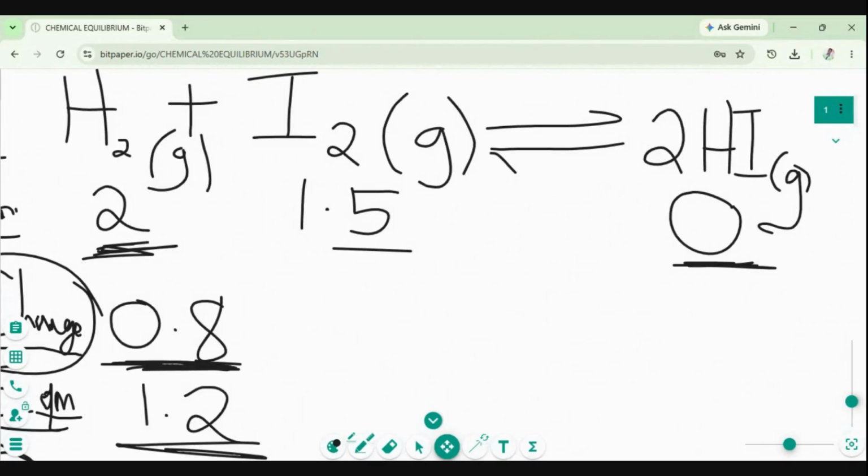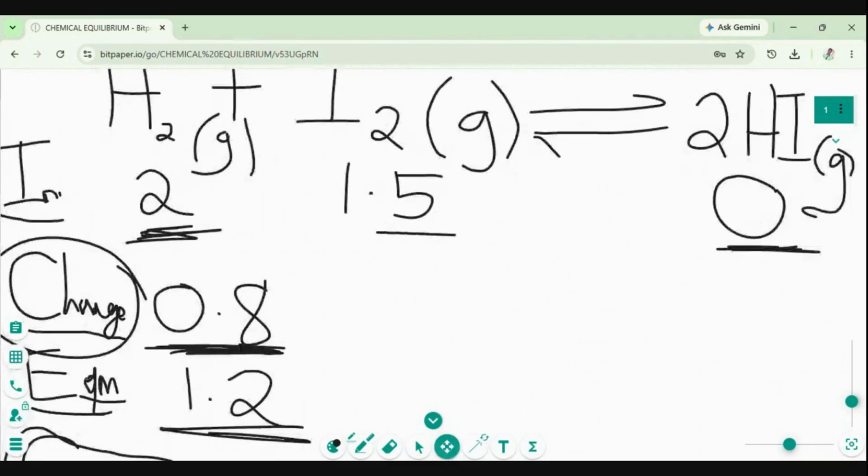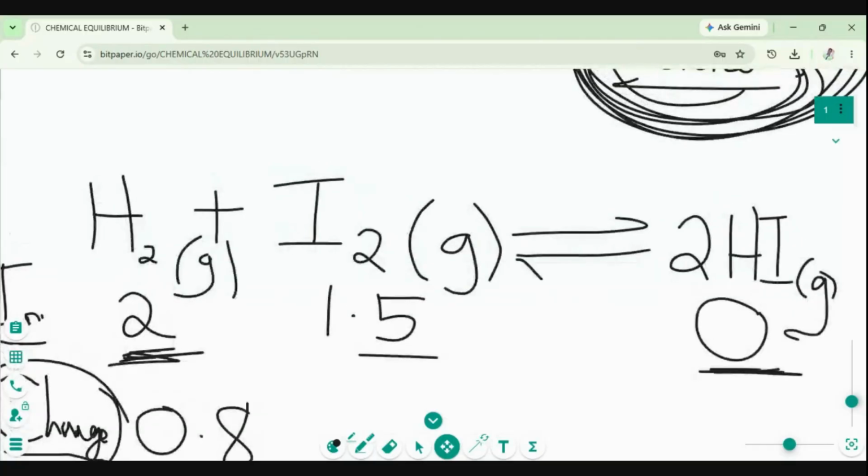Now, when these chemicals or substances are reacting, they react in a particular way. And the way they react brings me to a term I've been speaking about, called stoichiometry. This equation you see here is a stoichiometric equation.